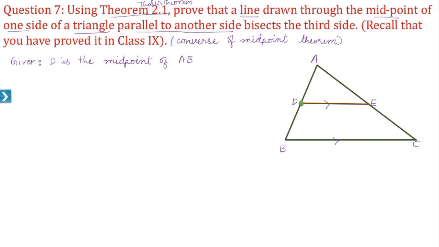Line through D, that is DE, is parallel to BC. Now we have to prove that DE bisects the third side, that is AC. To prove E is the midpoint of AC means DE bisects AC. Now we have to prove that E is the midpoint of AC.